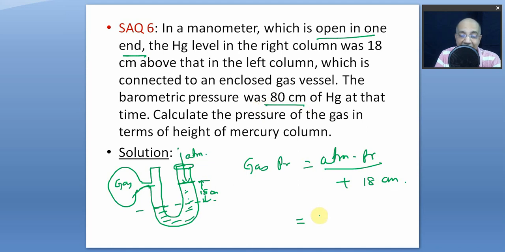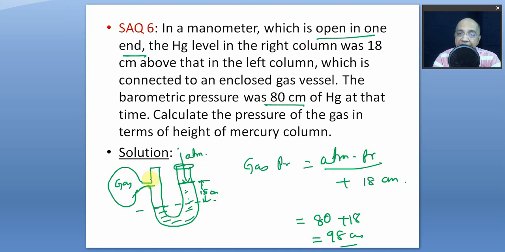It was a high pressure condition, maybe a very unusual climatic condition where it is 80 centimeter high pressure. So 80 plus 18, that is 98 centimeter. So the pressure inside the gas vessel corresponds to a pressure of 98 centimeter mercury column.